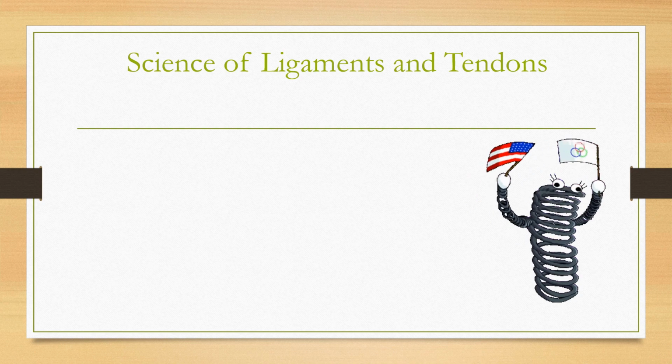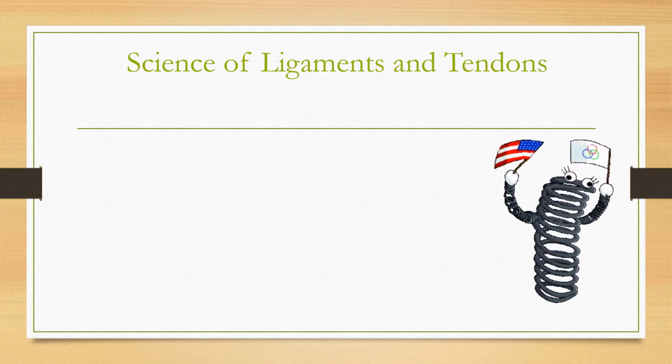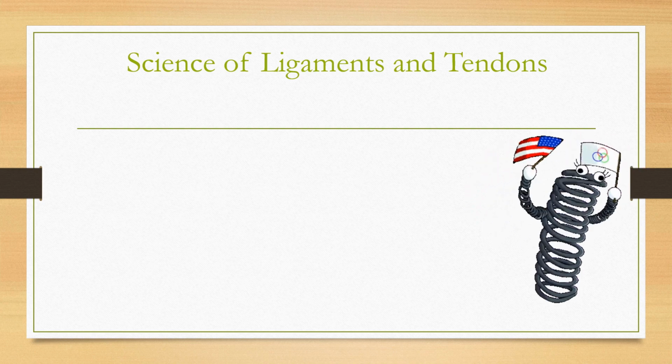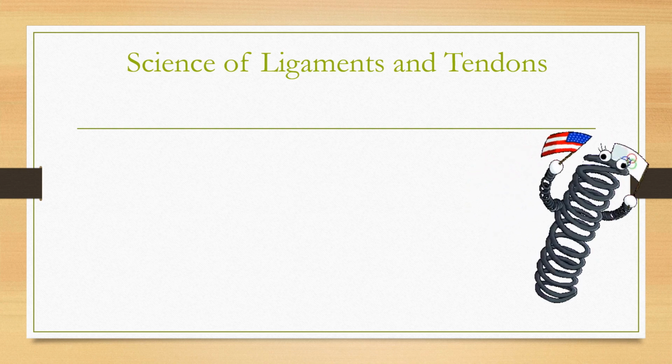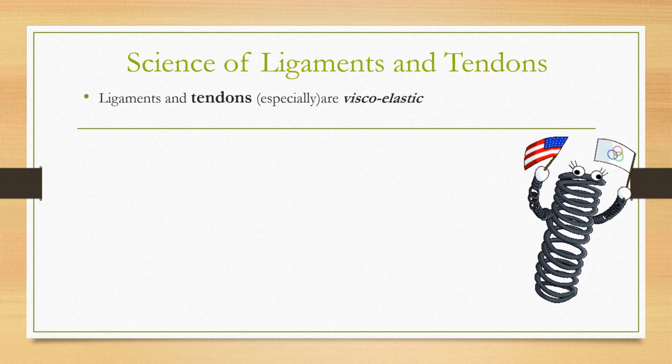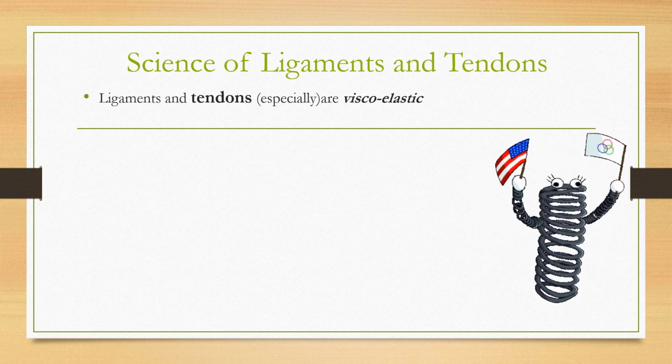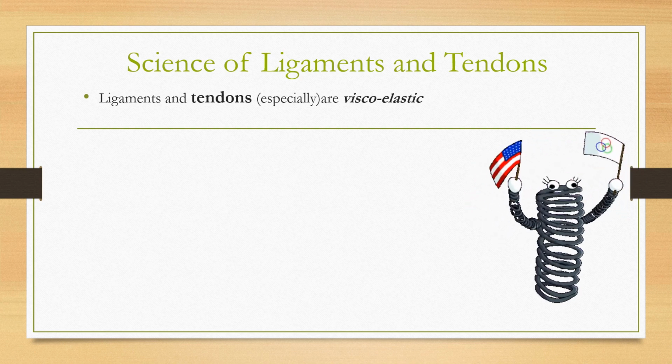We're going to talk about tendons especially in a unit that's coming up before too long. But we're going to review a little bit about it now. Now remember, and we talked about this last year in kinesiology and biomechanics, that ligaments and tendons especially are viscoelastic.